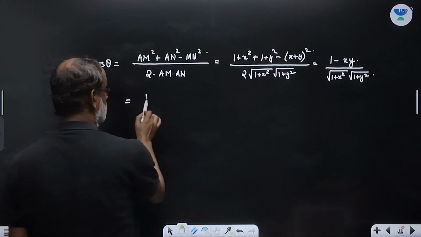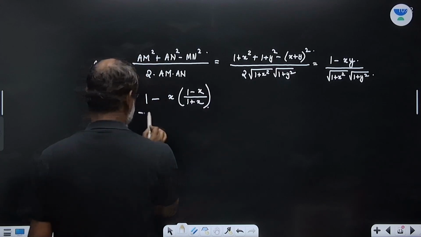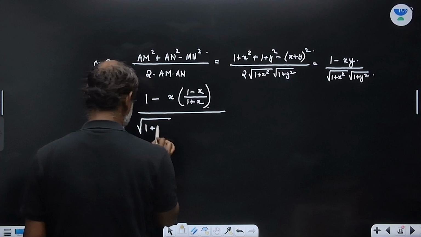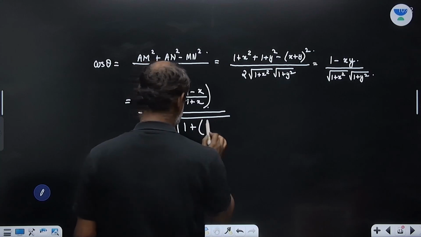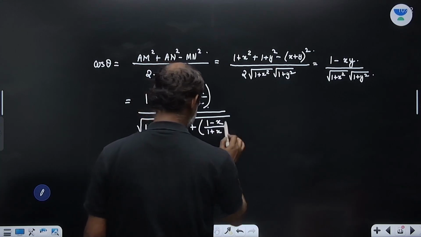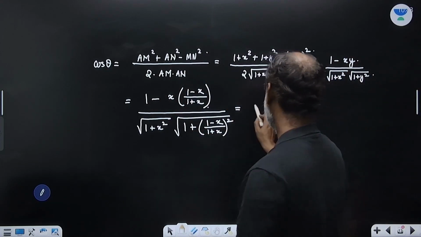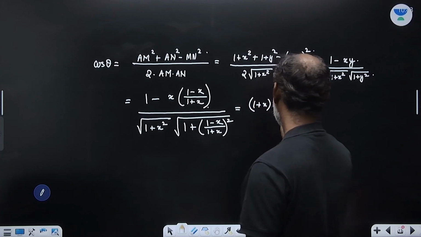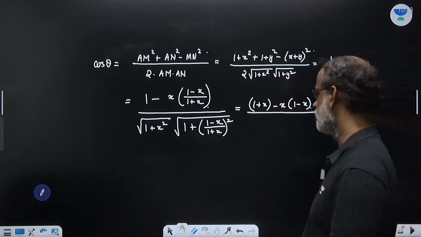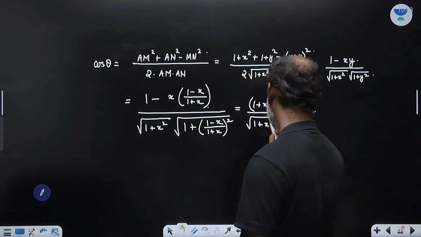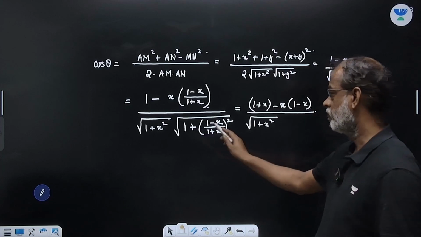So 1 plus x gets cancelled out, and this is again 1 plus x whole square plus 1 minus x whole square.